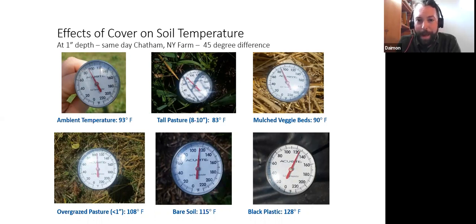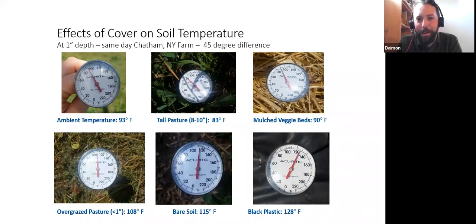The tall pasture is 83 degrees. Then you've got some mulched veggie beds at 90. Overgrazed pasture, with less than 1 inch of forage, was 108. Bare soil is 115. And then the extreme, under black plastic mulch, is 128 degrees.